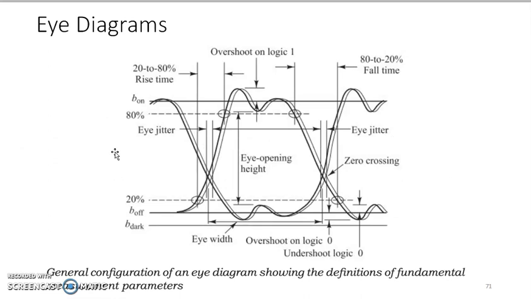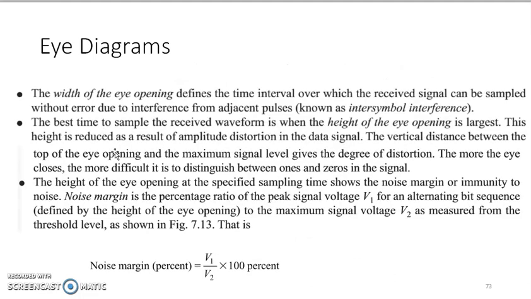The width of the eye opening defines the time interval over which the received signal can be sampled without error due to interference from the adjacent pulse. And what does that adjacent pulse mean? We can say that it is intersymbol interference, because intersymbol interference occurs because of the dispersion there.